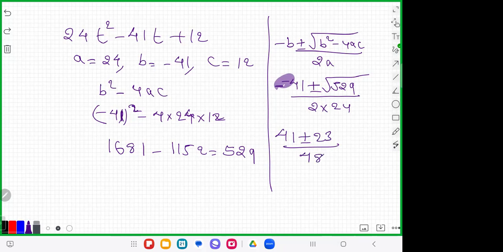We have two cases. The first is 41 plus 23, that is 64 divided by 48. Dividing both numerator and denominator, you will get 4 by 3.